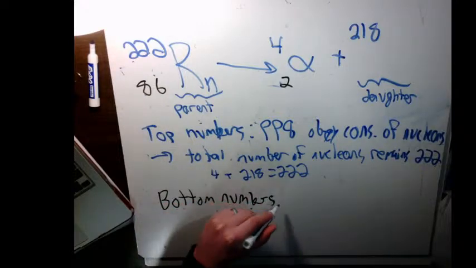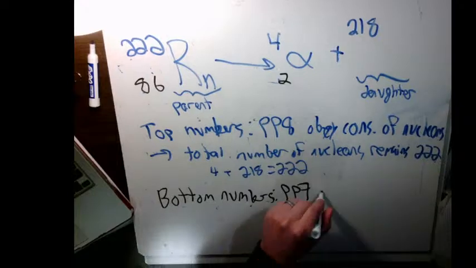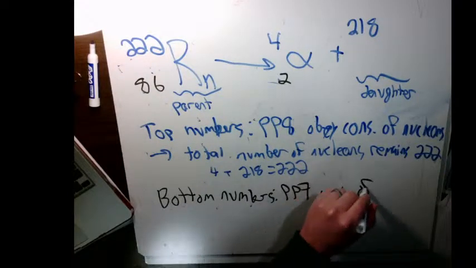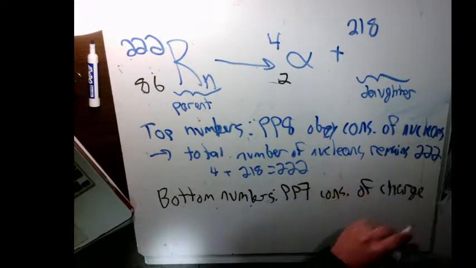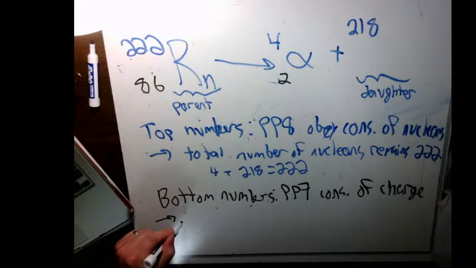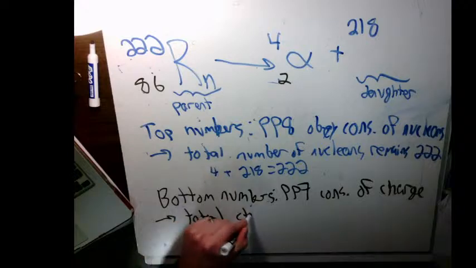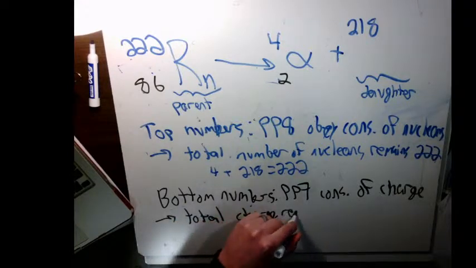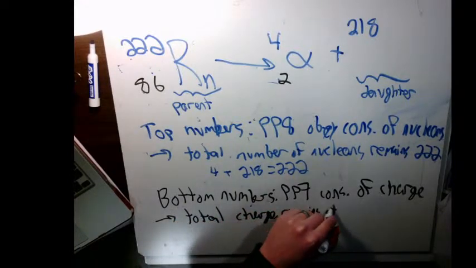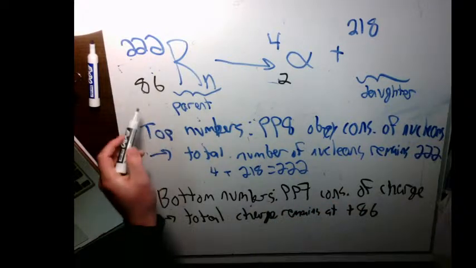we are going to look at principle of physics 7. We need to have conservation of charge. So that means the total charge needs to remain at positive 86. We need to have 86 protons. So we got 86 on our left-hand side.